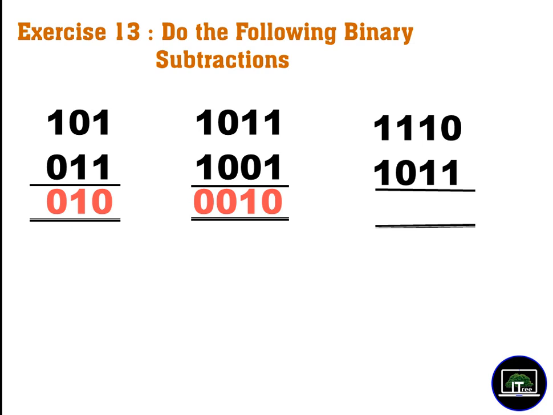Then you have 0 there. You ask from the next line. You get 2. So 2 minus 1 is 1. Then there is remaining only 0. 0 minus 0 is 0. So 1 minus 0 is 1. You get something like this. You can perform this one again using that technique, that is convert to decimal and deduct in decimal, then convert back to binary.